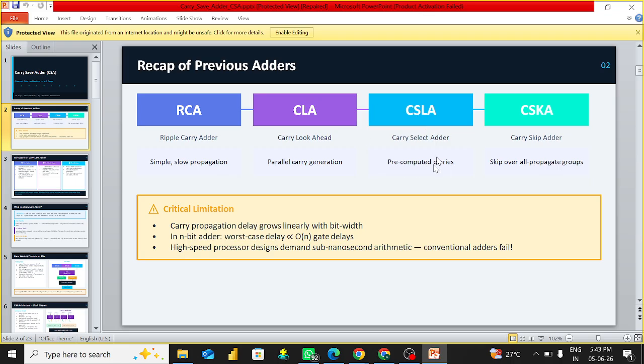Coming to the carry skip adder, here the skip speed was increased. How? We create a propagation group, and if the propagate value of every adder is 1, then we directly skip the carry to the final stage.